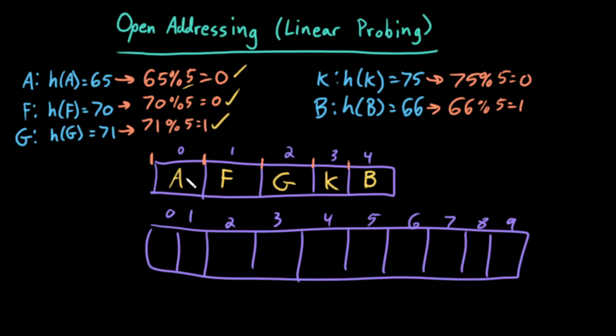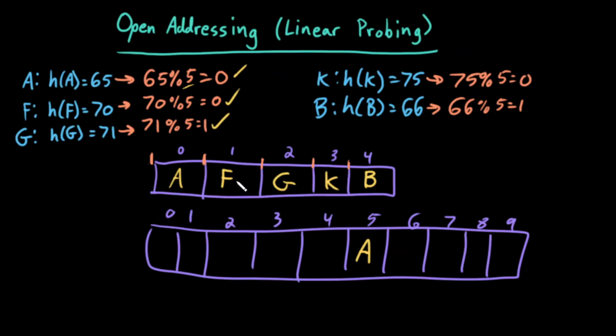So the first element is A. So the hash value of A is 65. Mod 10 now, because my array is twice as long. 65 mod 10 is 5. So I would insert A in index 5.